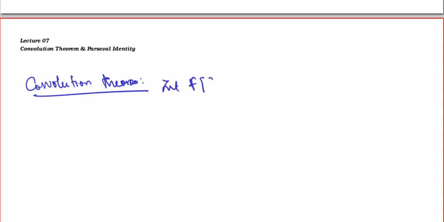Convolution theorem. Suppose you know the Fourier transformation of f, which you can denote by f of s, and you also know the Fourier transformation of g, denoted by g of s.